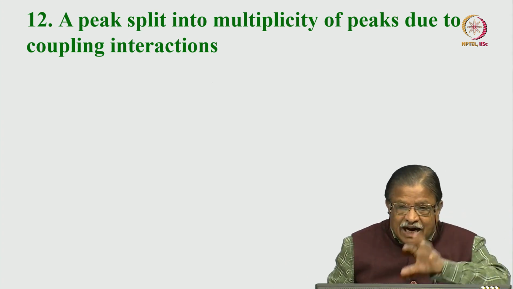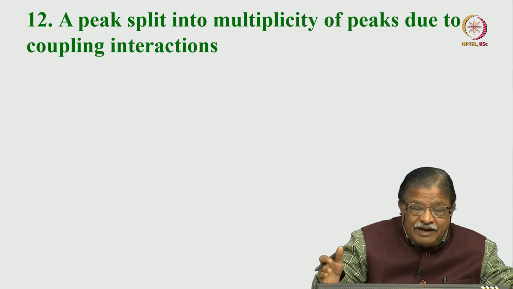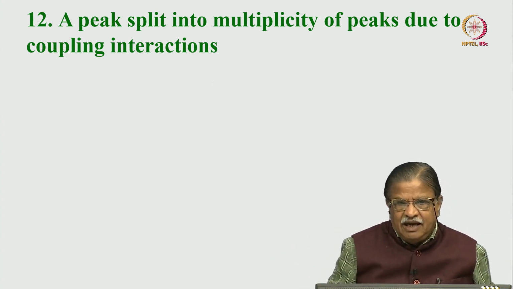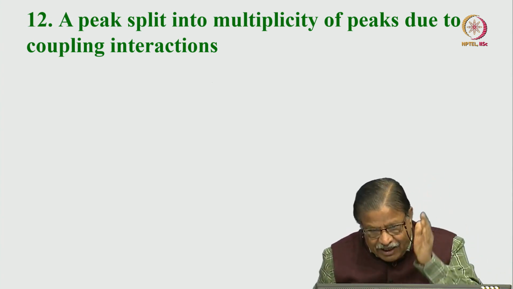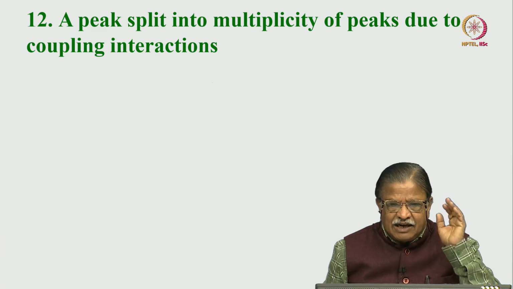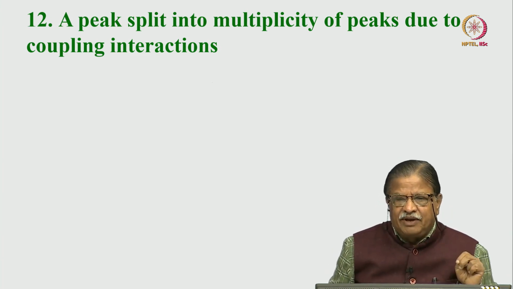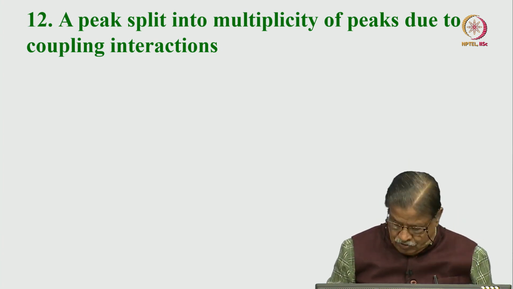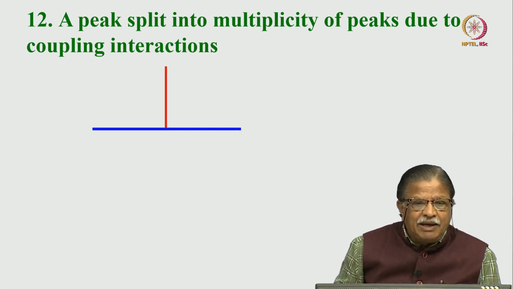When it interacts with another nuclear spin, this peak will divide into 2. 1 will become 2, 2 will become 4, 4 will become 8, like that. There is a multiplicity. Because of the interaction there is splitting of the energy levels. As a consequence, the particular nucleus which you are observing can give rise to a multiplicity pattern. So, one peak, for example, will be a single peak without any coupling.